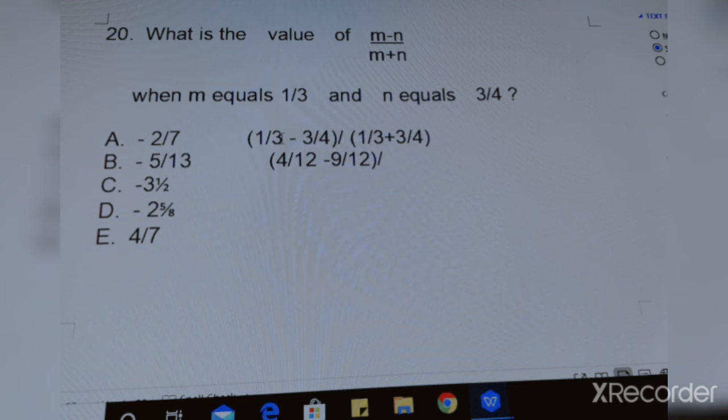Now in your denominator, 12 divided by 3 is 4 times 1 is 4 over 12, then plus 12 divided by 4 is 3 times 3 is 9, so 9 over 12. Okay, combine. So 4 minus 9 is negative 5. So this is negative 5 over 12.